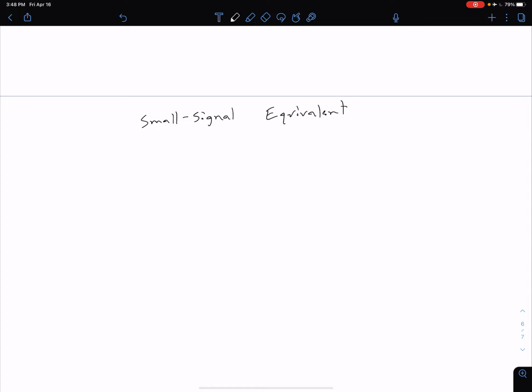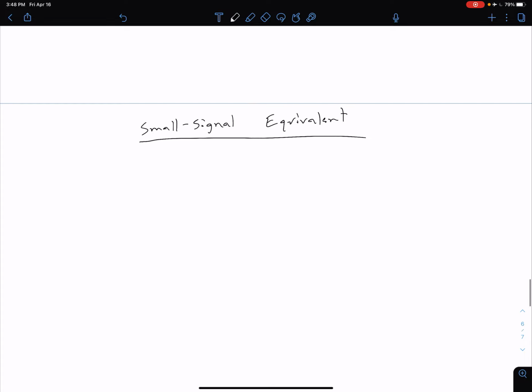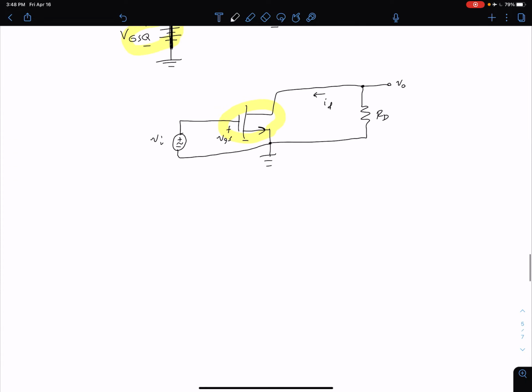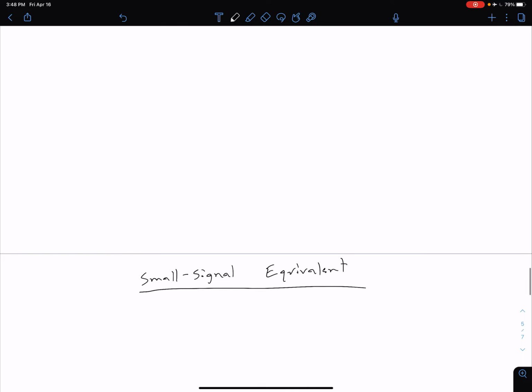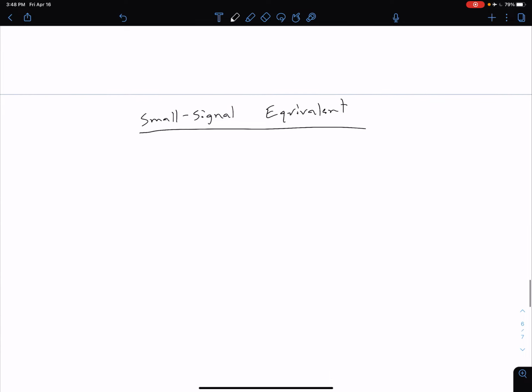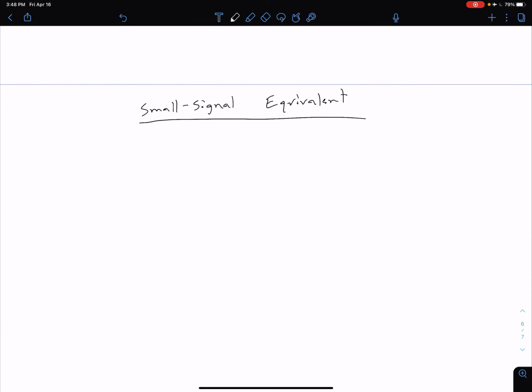Really, up until this point, we would have been fine with larger signals because any harmonics from the MOSFET would still be represented in this circuit. But now when we transition to the small signal equivalent, we're assuming we have that condition that we talked about in the previous video. So in our small signal equivalent circuit, again, we're replacing that transistor.